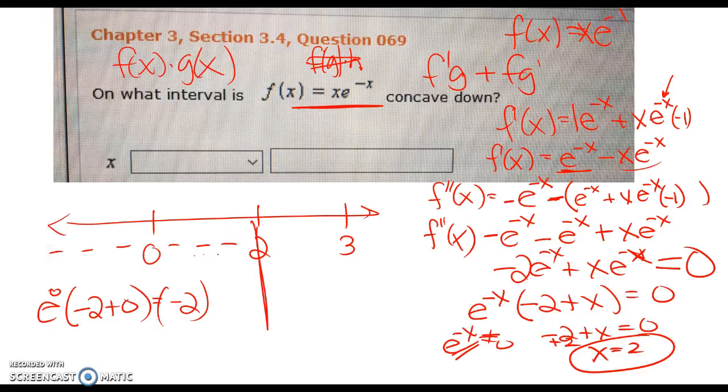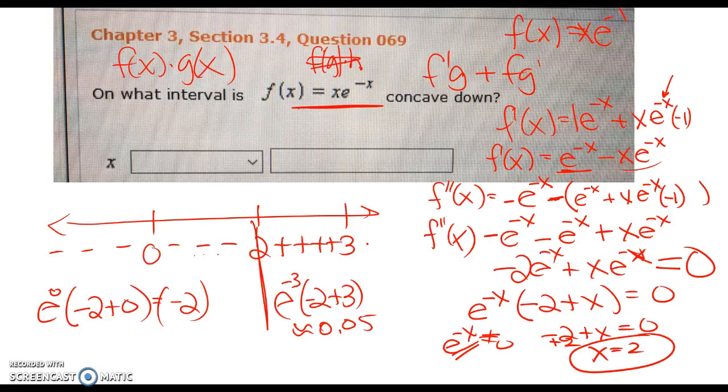Let's check 3 just for giggles. E to the negative 3 times negative 2 plus 3, so it's e to the negative 3 times 1. When I put that in my calculator, e to the negative 3 is about 0.05, excuse me. It's positive, right?